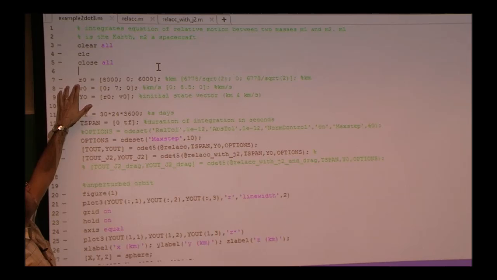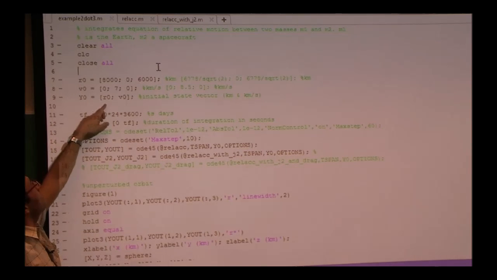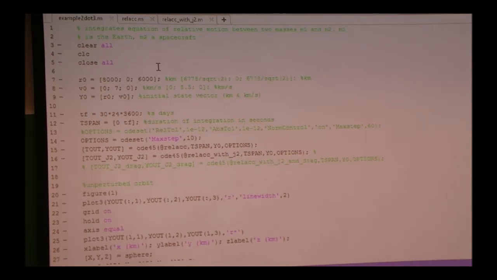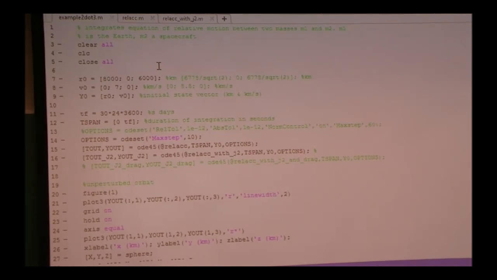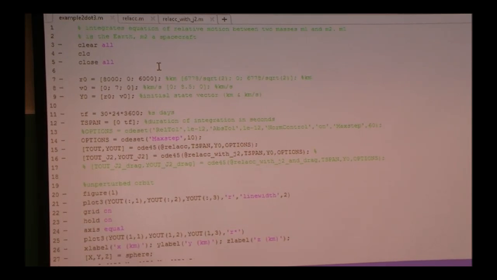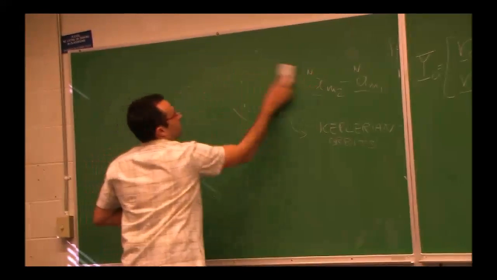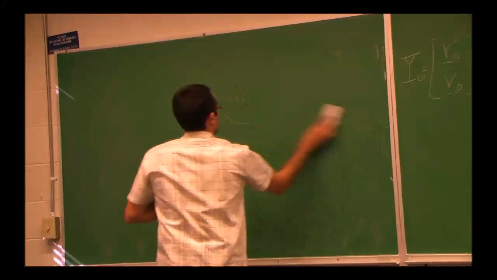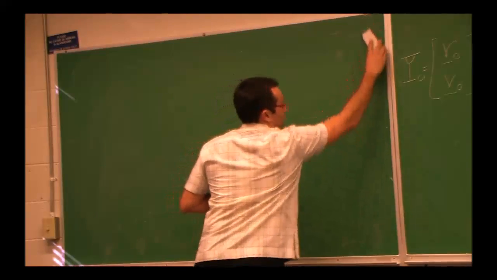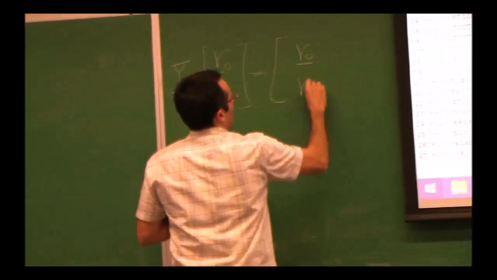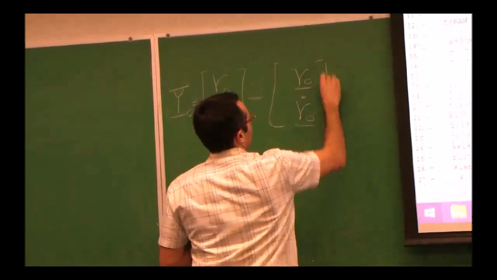Position, as I said, velocity, and then you assemble them together. Now, if you assemble the initial conditions that way, what does that mean? This is also equal to R0 and R0 dot, right?